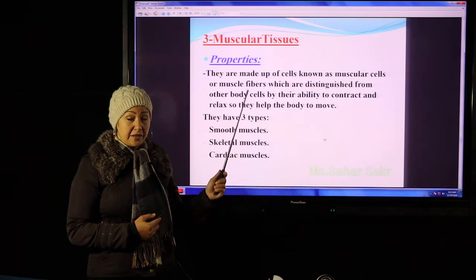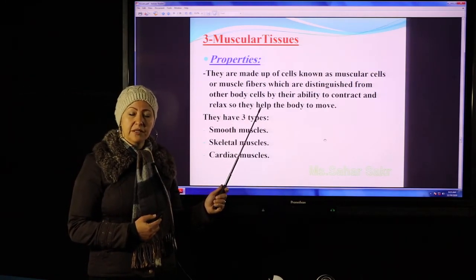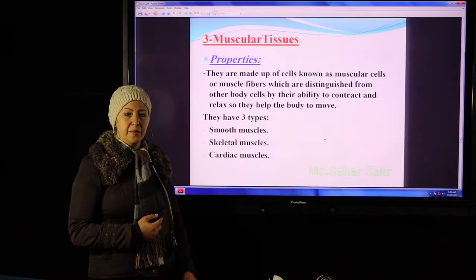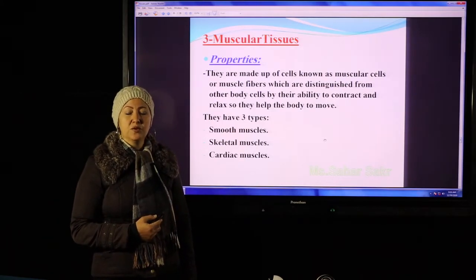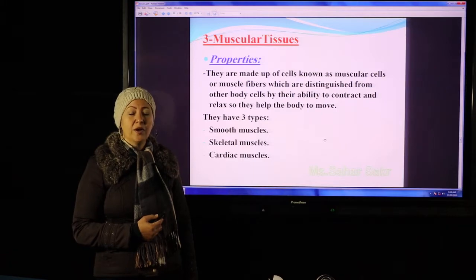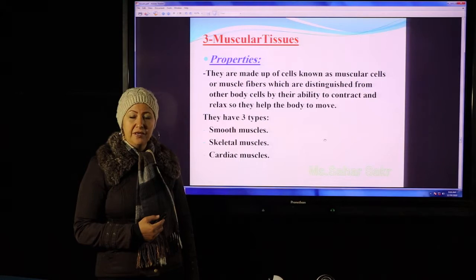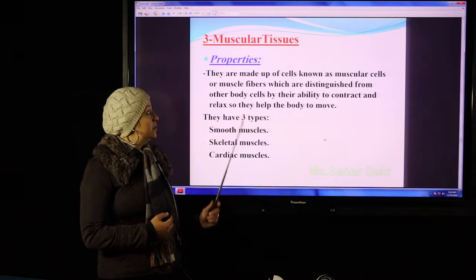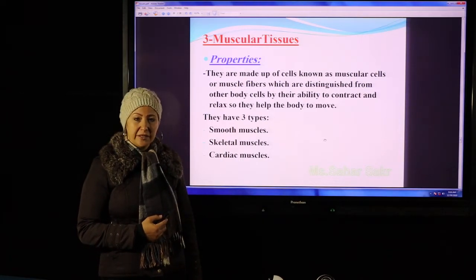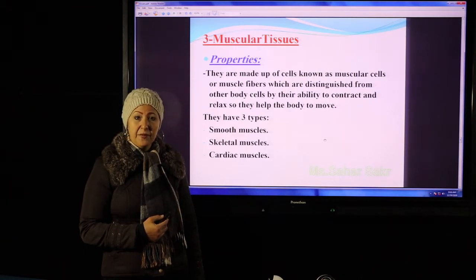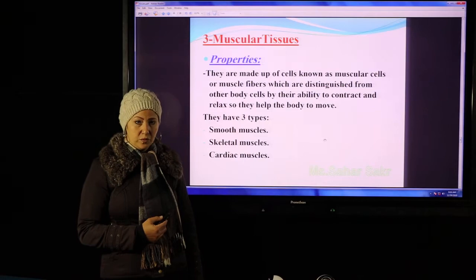They are characterized by their ability to contract and relax to help the body to move, which is a special function of the muscle cell.